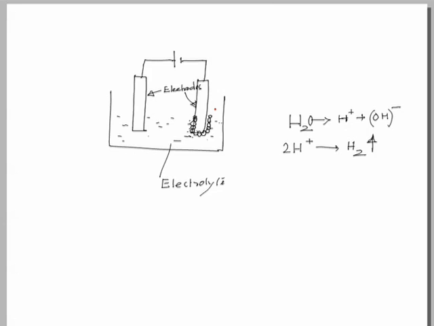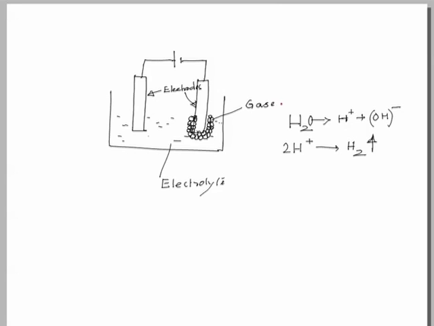The net effect of this layer formation is that this will disconnect the electrical supply to this cathode. In other words, we can say now this cathode is disconnected from this electrolyte through these bubbles of hydrogen or the gaseous layers.